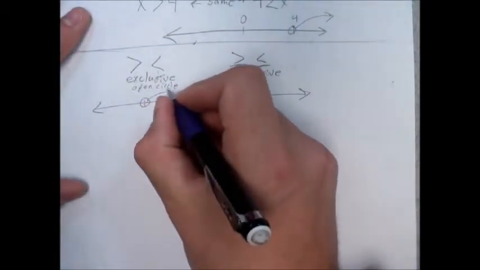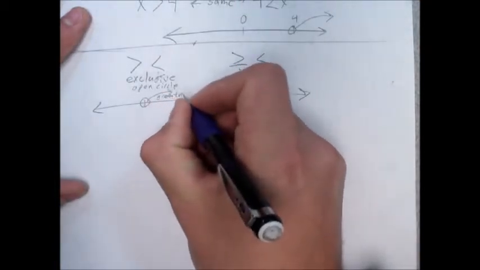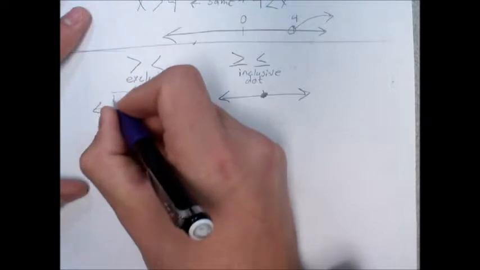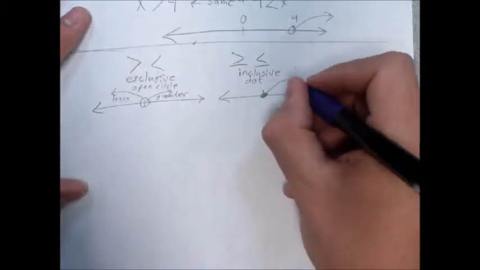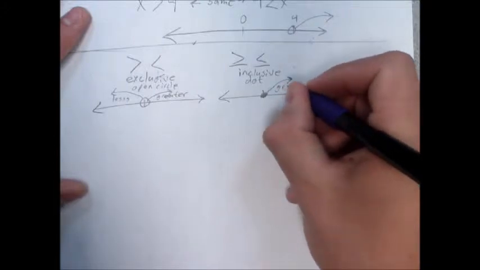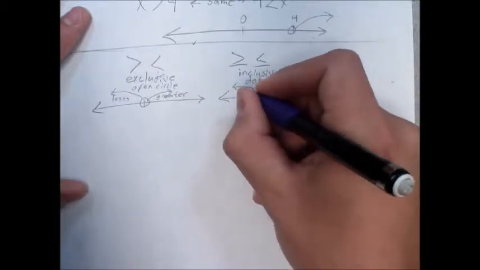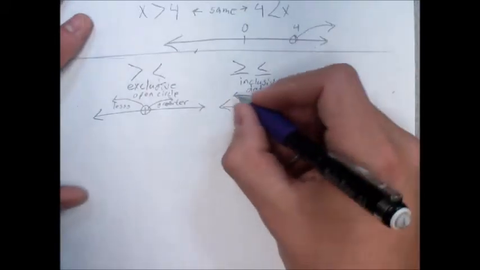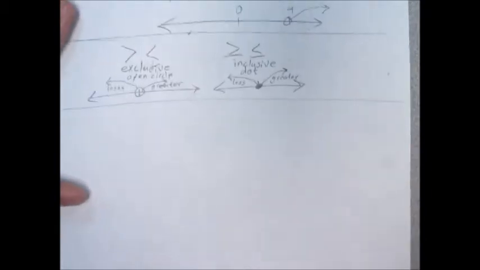To the right is greater. To the left is less. Again, to the right is greater. To the left is less. And this only works if you read from the variable. Okay. When in doubt, just run a test point, and I'll explain that here in a second. Any questions on that part?